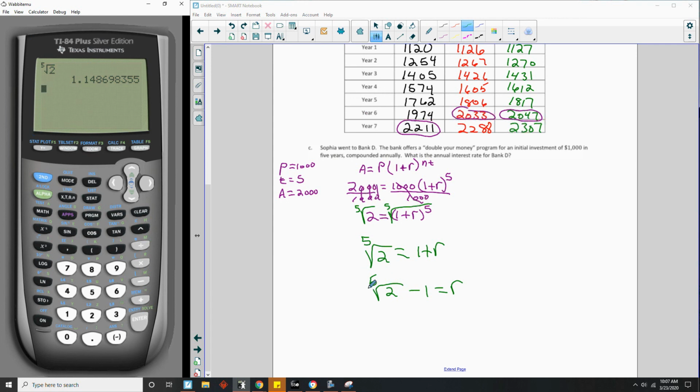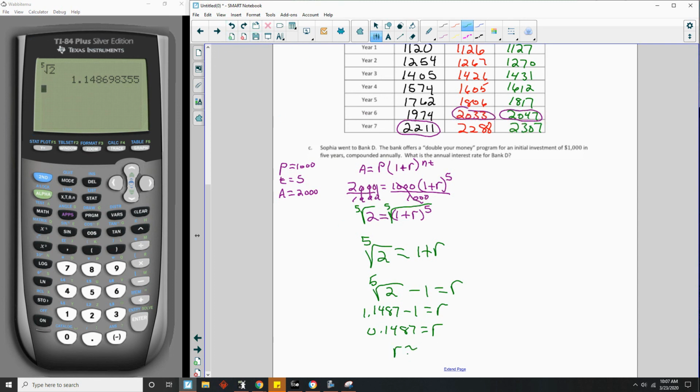So it's going to be 1.1487, I'll round to 4 decimal places, minus 1 equals R, and then when I subtract that I get 0.1487 equals R. Actually it's 14.87%, let's leave it at that.